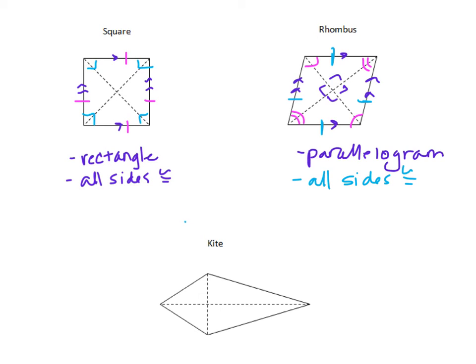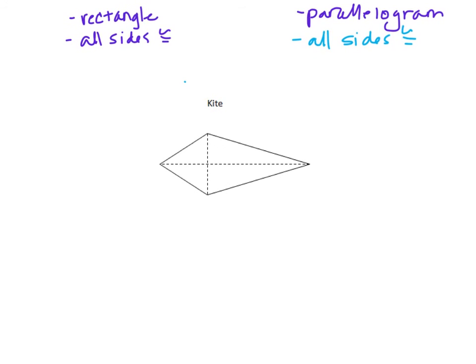Alright, so last one is our kite. Let's look at this kite. So our two, we're going to call them disjoint side pairs, are congruent.